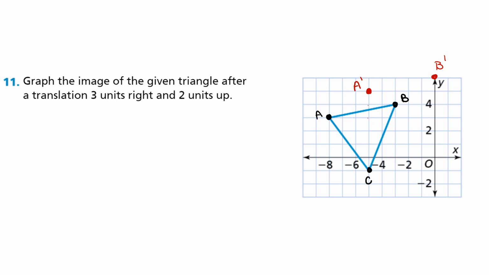And then the same thing with letter C, we count to the right 3 and then up 2, labeling that point as C prime. We connect all of our dots and we have the same exact triangle. It's the same size and the same shape. The points are in the same order. All that has moved is that it has moved right and up.